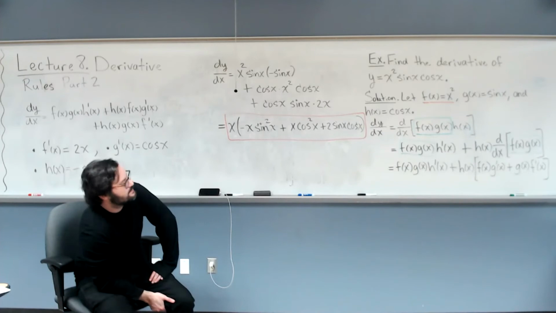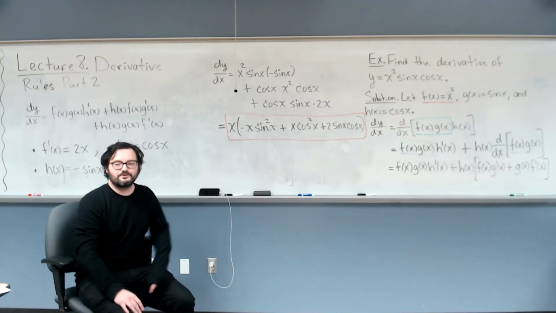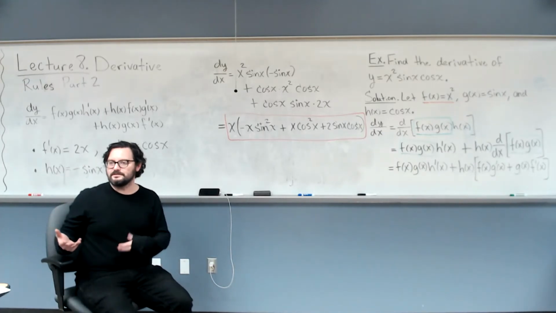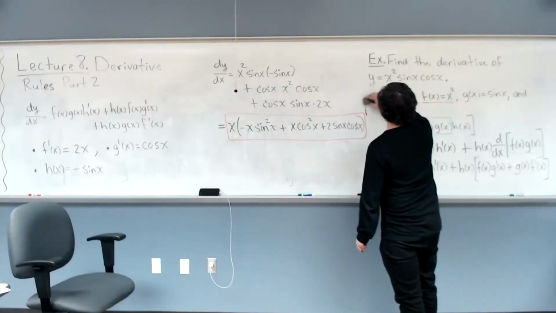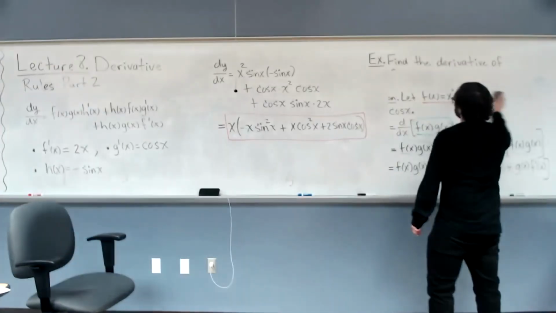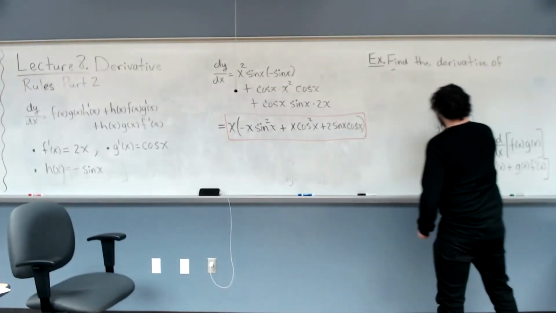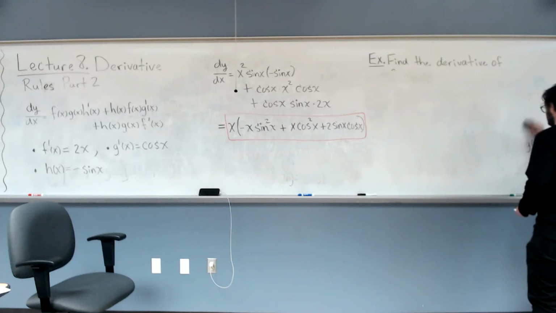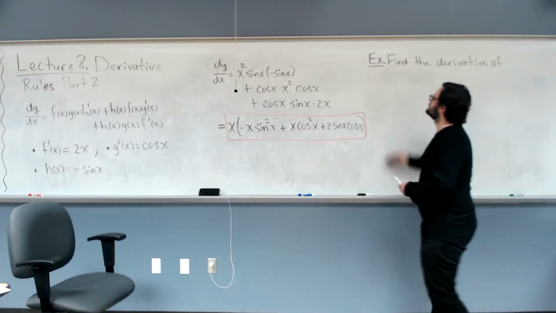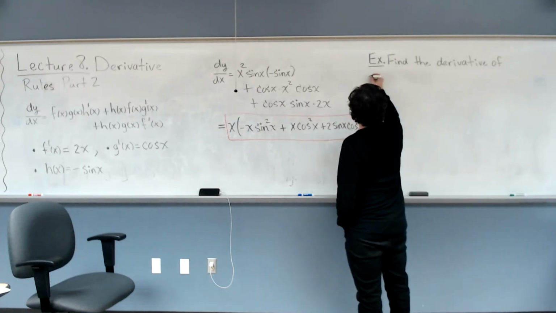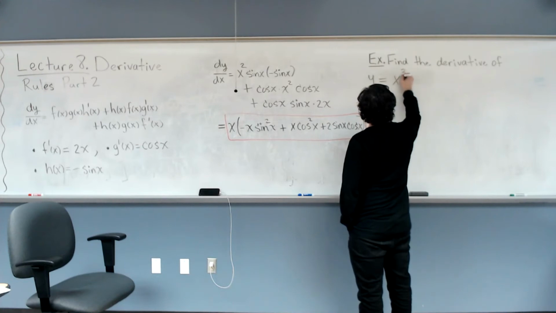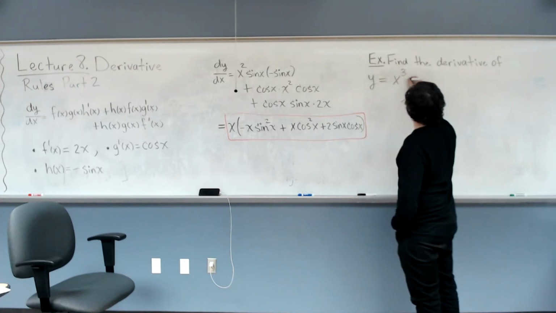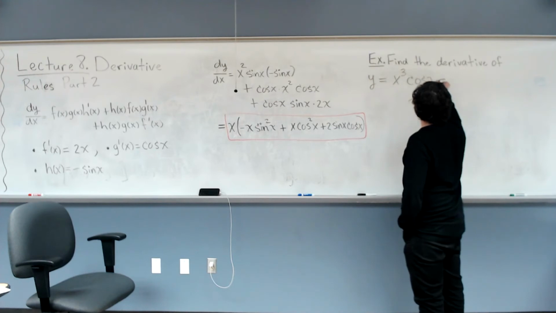So, a rather hard example. But let's try another one where I let you work on it for a minute, one that's not as hard. Find the derivative of y equals x cubed times cosine x.